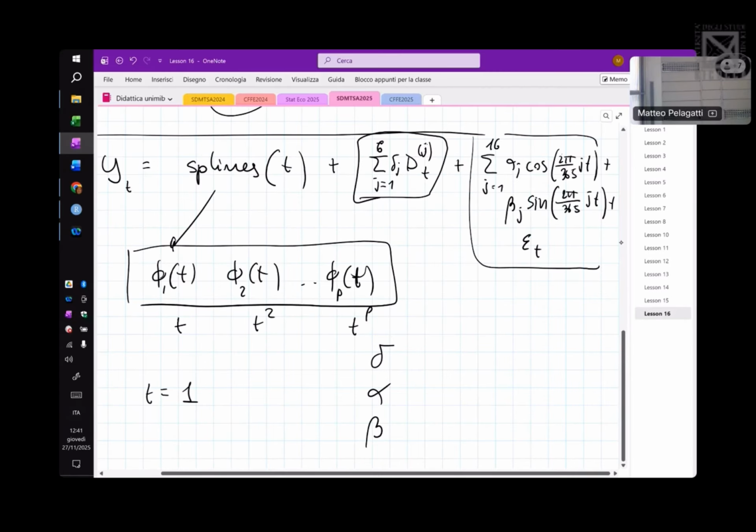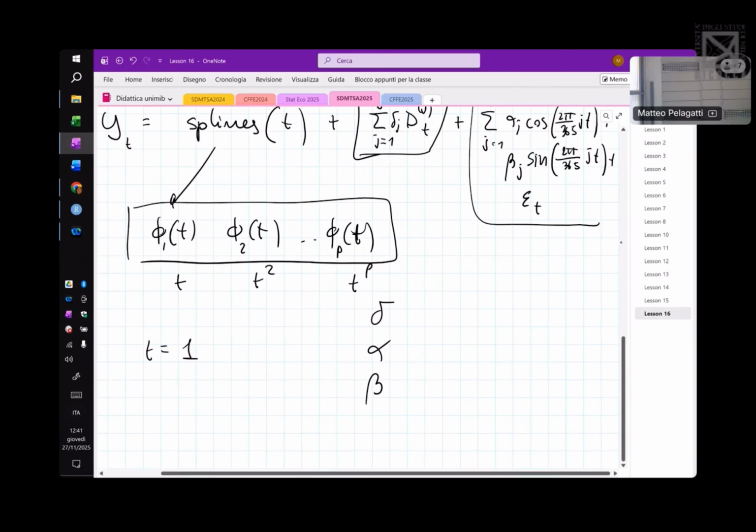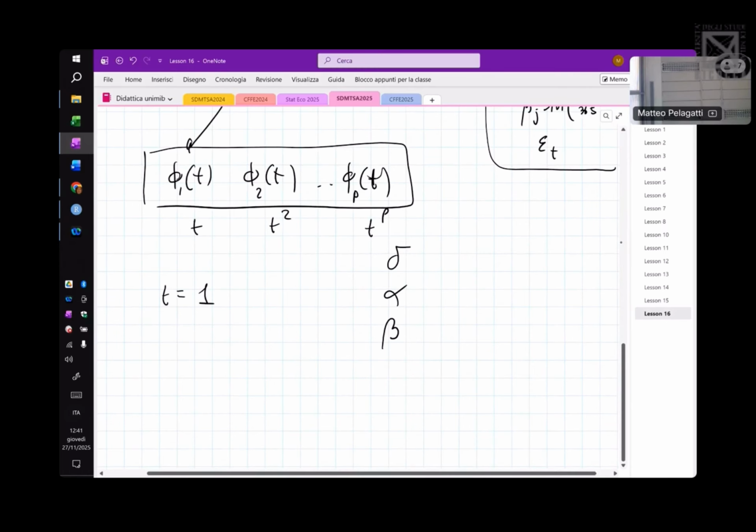What about the trend? Well, the spline will give us some kind of trend, which will be just a sum of some regression coefficients times whatever transformation I use of the time trend, and this will give us the trend.